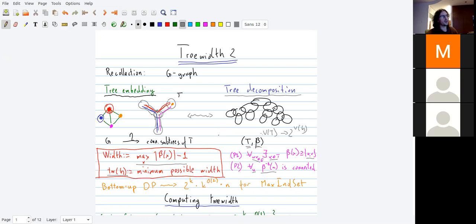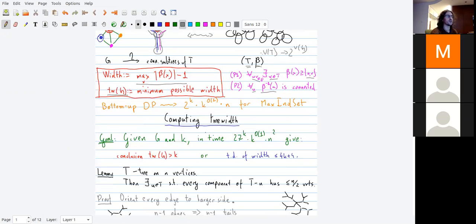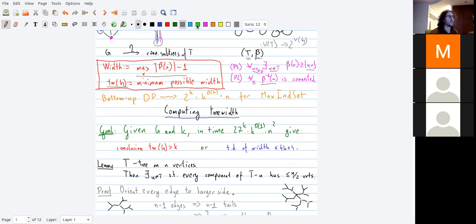And this roughly corresponds to how well I can understand the structure of the graph in the structure of a tree. And this notion was helpful as a sort of auxiliary structural parameter for algorithmic purposes. So we've seen various dynamic programming algorithms based on tree decomposition. They usually work by sweeping a tree decomposition bottom up.